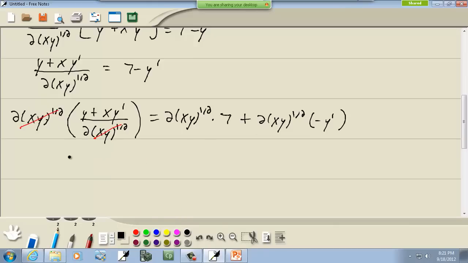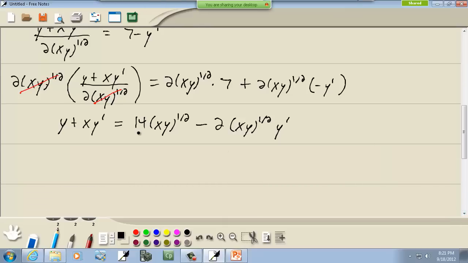That works out nice. And we got y plus x y prime equals 7 times 2 is 14. So we got 14 xy to the 1/2. Here we got a positive times a negative, so that's negative. 2 goes out in front. And then I got xy to the 1/2 and y prime.